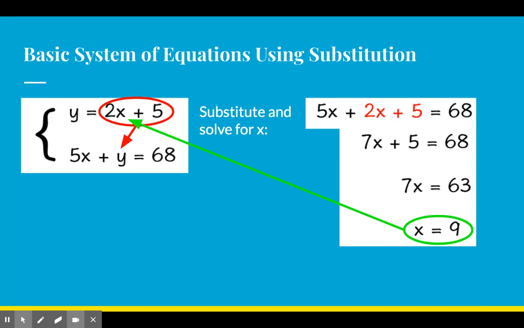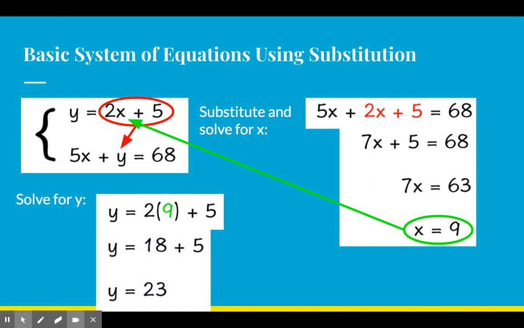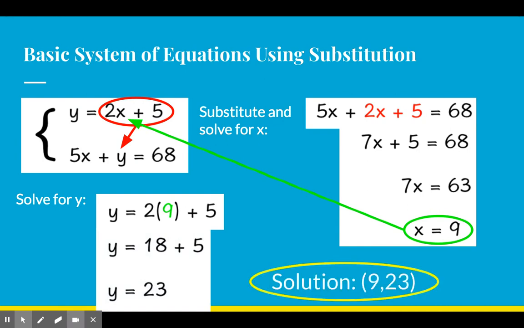So I'm going to rewrite this equation with 9 in it to solve for y. I rewrote that first equation, 2x plus 5, replace the x with 9. Then from here, I'm just going to simplify, and I'm going to get 23. So then my final answer is going to be 9, comma 23. 9 from the x, 23 from the y.